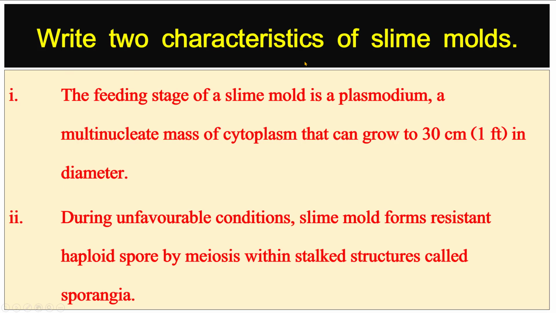Write 2 characteristics of slime molds. Number 1. The feeding stage of a slime mold is a plasmodium, a multinucleate mass of cytoplasm that can grow to 30 cm or 1 foot in diameter. Number 2. During unfavorable conditions, slime mold forms resistant haploid spore by meiosis within stalked structures called sporangia.